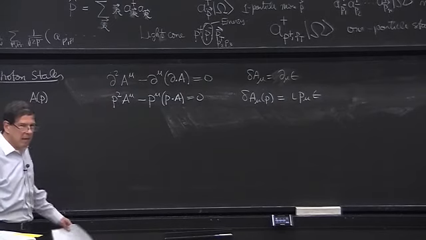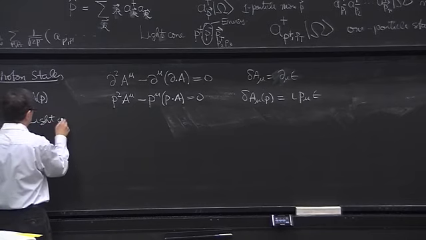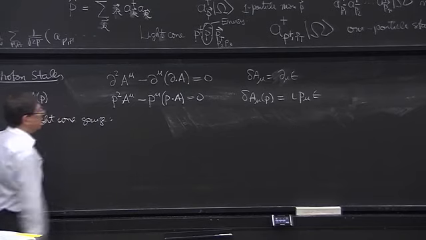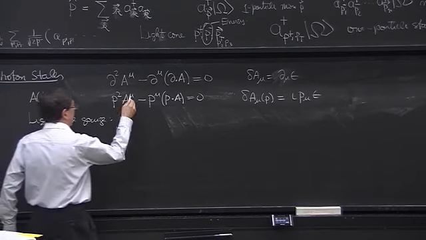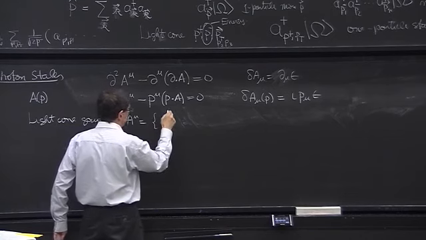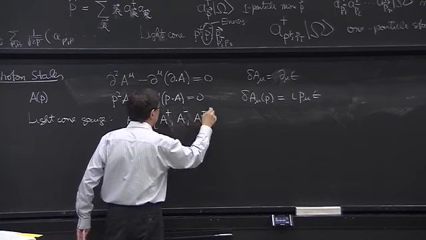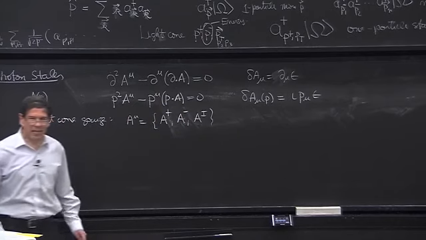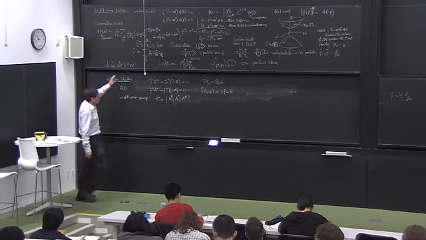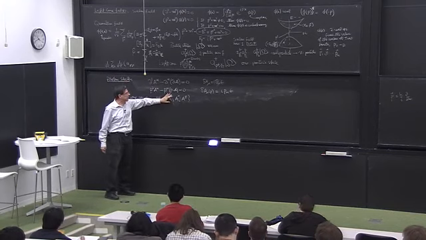So what is the idea of the light cone gauge here? Well, you have A mu's that take values A plus, A minus, and A I. Now, we've done classical light cone already for the string. So what did we do there? We put a very simple form for X plus.